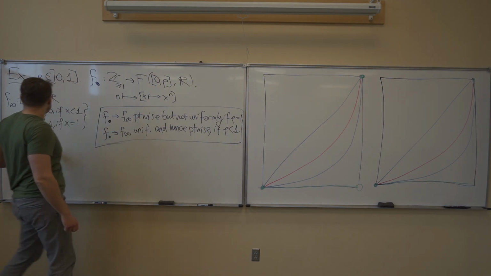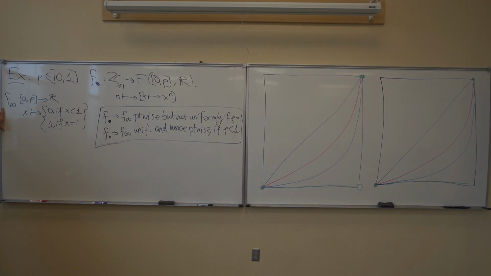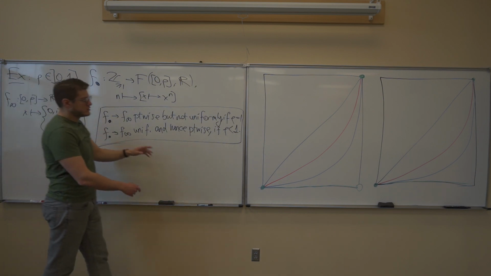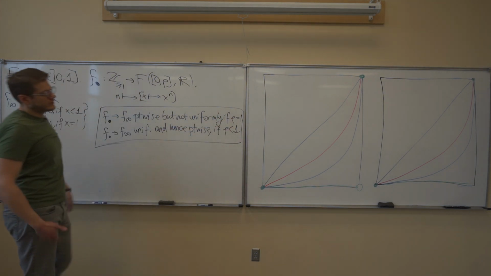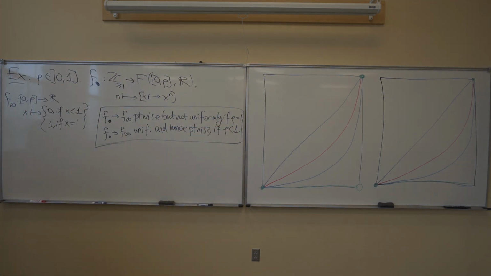And I have this function, f sub infinity, which is defined like this. I take an x to 0 if x is less than 1, and 1 if x is 1. And of course, if rho is less than 1, then this is just a constant function 0. It's just that this description works for both cases, for rho equals 1 or rho less than 1.